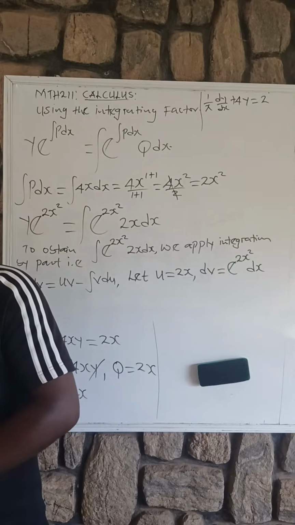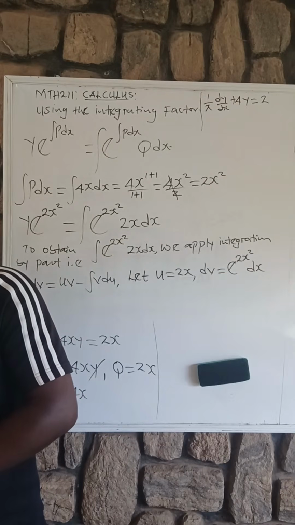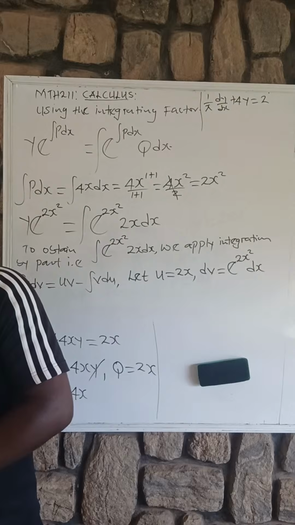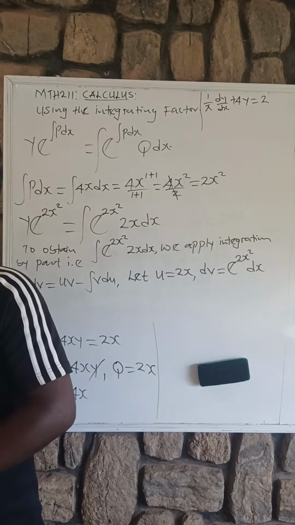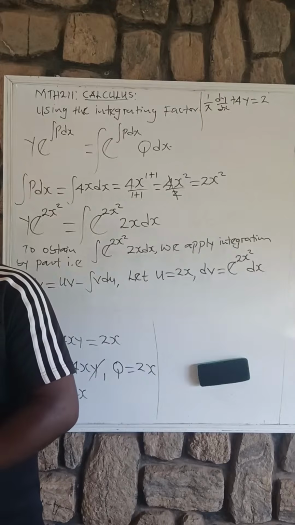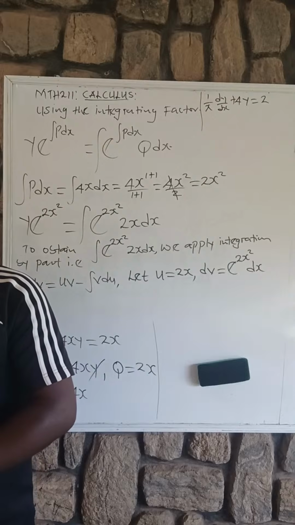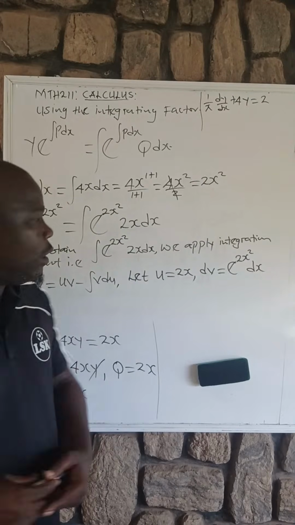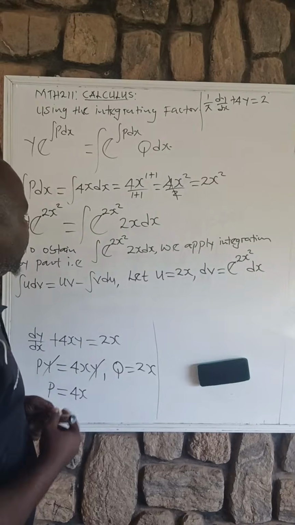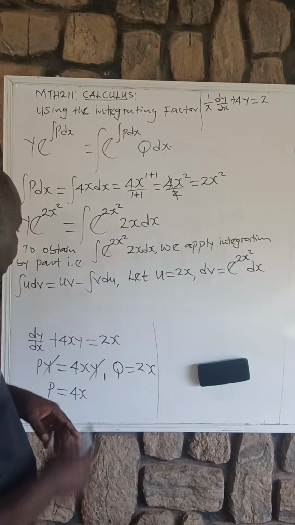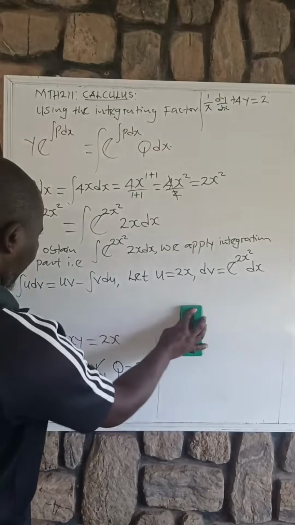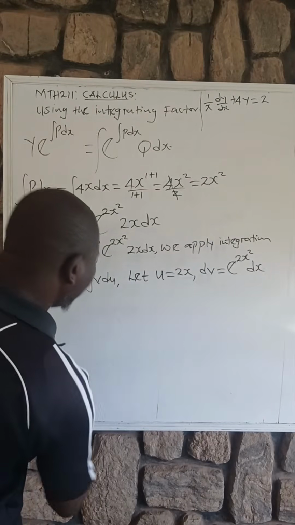Exponential 2x squared dx. So far so good.